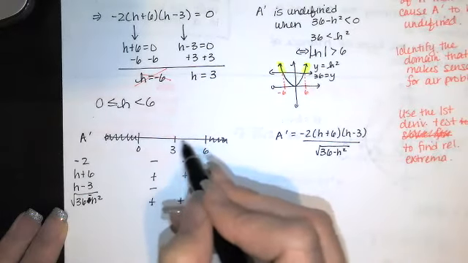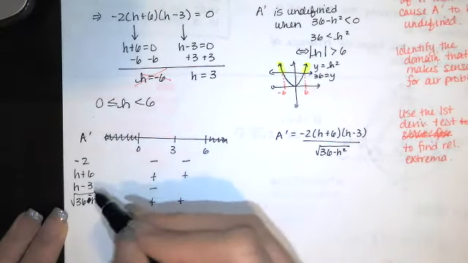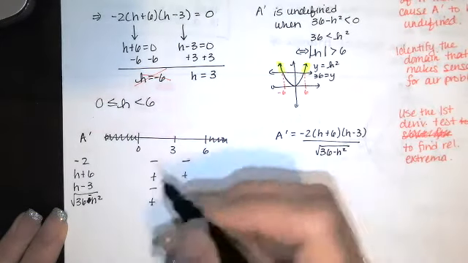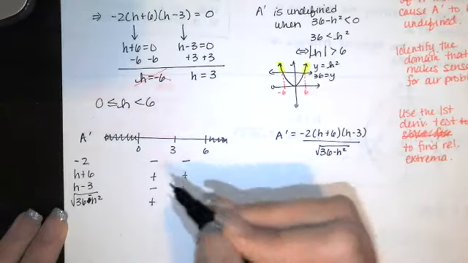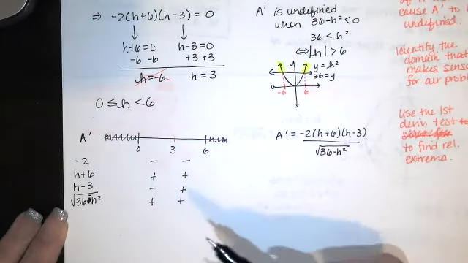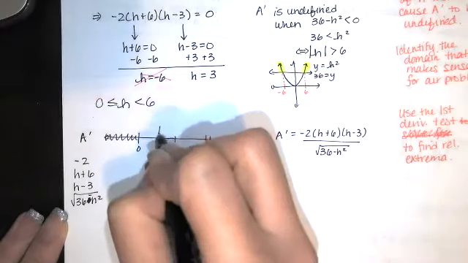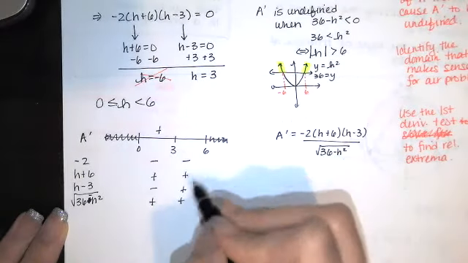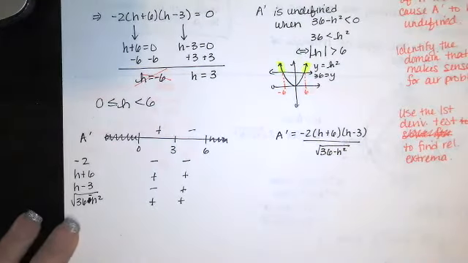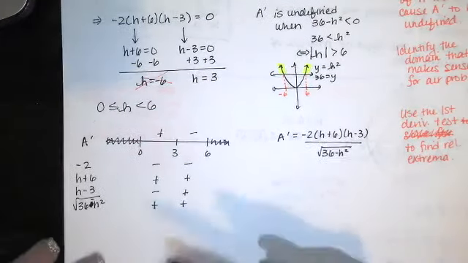And then you can pick any h value you want on this interval and use that as a test value. Try h equals 4. 4 minus 3 is 1, which is positive. So we have a negative times a positive times a negative over a positive. Negatives cancel in pairs, so that's a positive a prime. And then negatives cancel in pairs here as well. We have a negative. So we've got our sign chart.